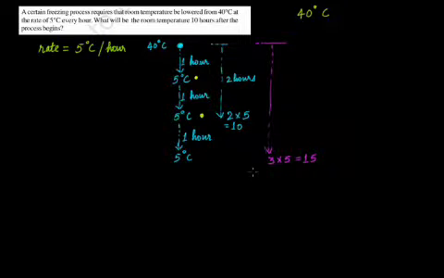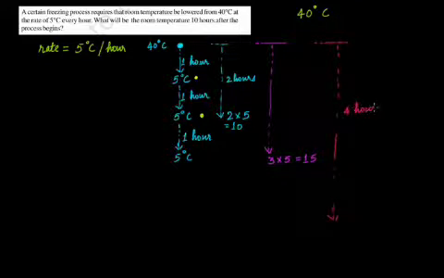So someone may ask, okay, what will be the total drop in temperature from the initial stage after 4 hours? So you will say that after 4 hours, there is another 5 degrees Celsius temperature drop after 1 hour.